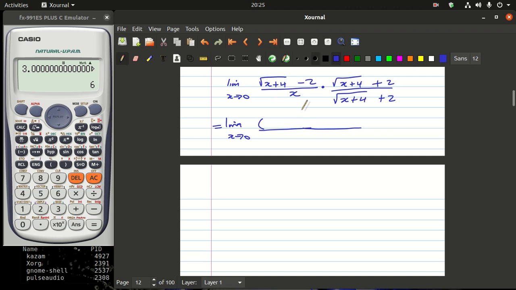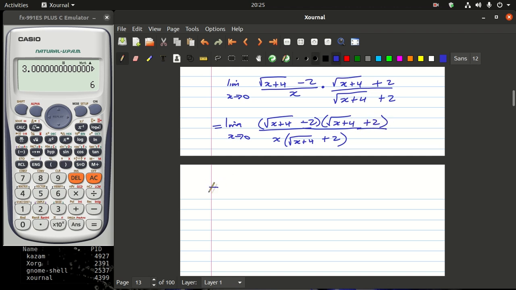So I am not going to simplify the denominator because I still need to cancel that part. So I'm going to have x and then times the square root of x plus 4 plus a 2, and then in the numerator we'll have the square root of x plus 4 and then minus 2, and then I multiply by the square root of x plus a 4 and then plus a 2.